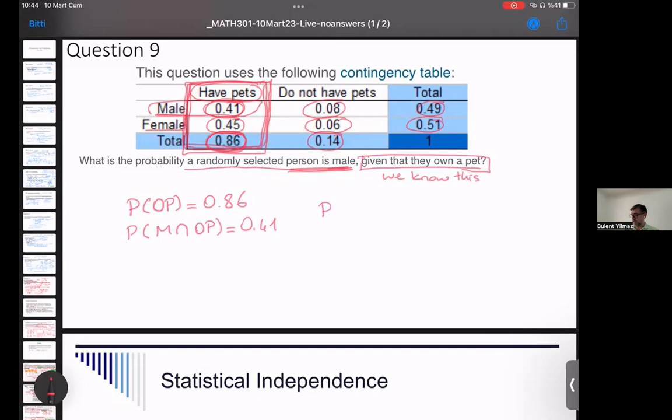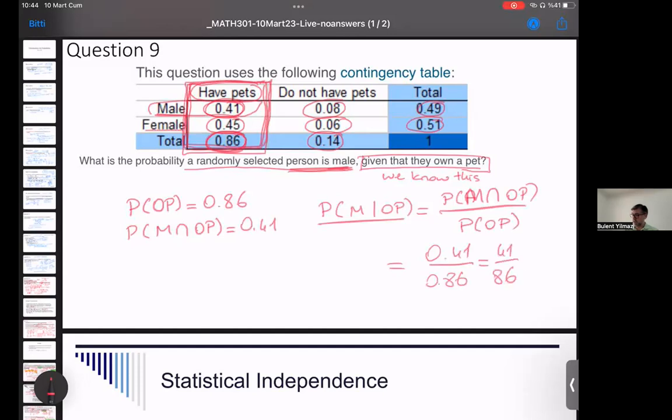And the probability of male given owning a pet is the thing that is asked. I'm going to write probability of male intersection owning a pet divided by probability of owning a pet, which is 0.41 over 0.86, which is 41 over 86. Is this clear, guys? It is like 0.47, something close to half, but less than half.